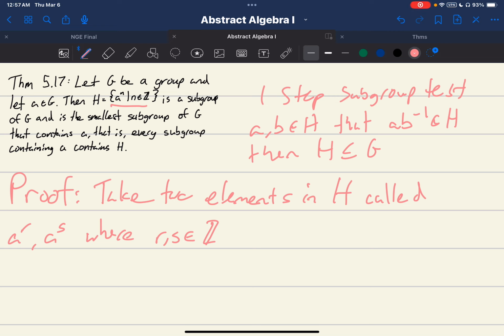So now these definitely are in H because they're a to some power where the power is an integer.